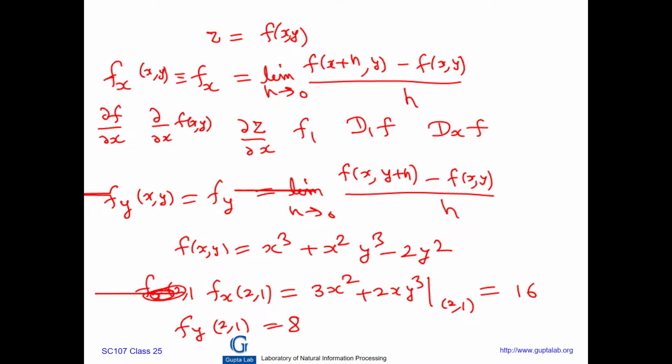Del f over del x, del over del x of f, del z over del x, f1, d1 f, d by dx of f. All these are common notations used in different books. Similarly with respect to y. So you can differentiate and find this out easily.